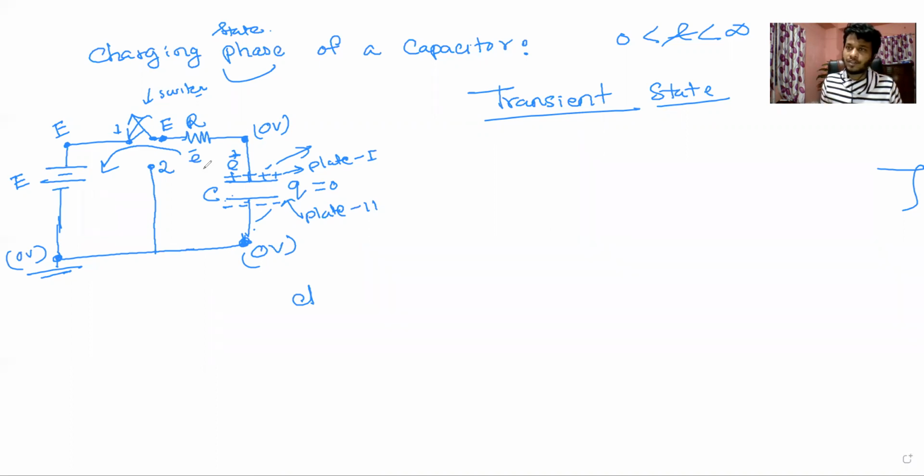Suppose at time t, q amount of negative charge is getting transferred from plate 1 to plate 2. So what would be the transfer rate? It is nothing but q upon t, isn't it? Fine.